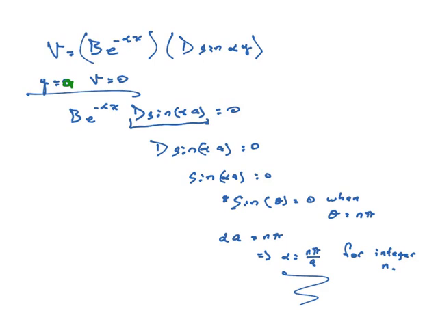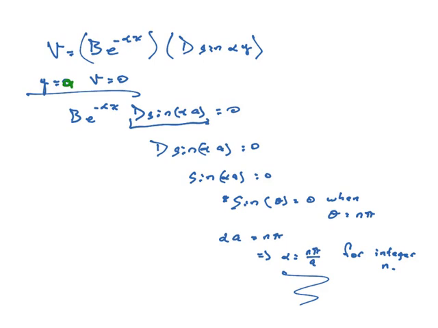So the only way, for instance, for this boundary condition to work is if not the coefficient is equal to 0, and not the x-dependent stuff, because the x-dependent stuff is its own thing, but rather the functional form, the sine part, must be equal to 0 for this special value of y. And that is, the sine of some theta is equal to 0 when theta is n pi.